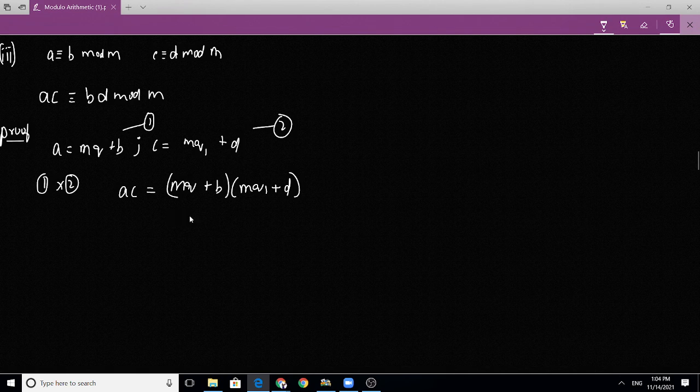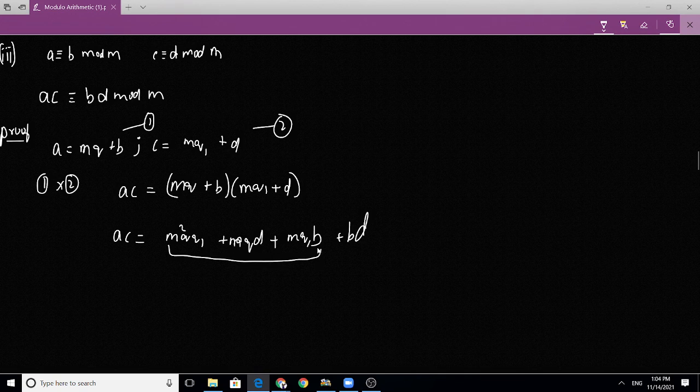So I'm just going to multiply everything now. ac equals m squared q into q1 plus mqd plus mq1b plus bd. You can take m common out of all these, which is unnecessary. You can just take m into some capital Q.